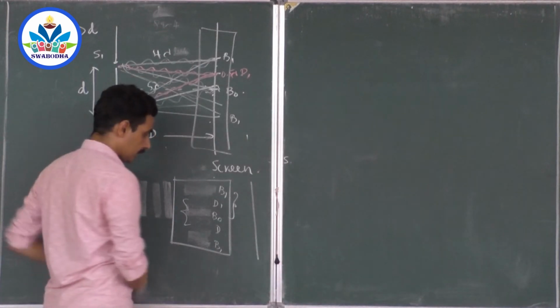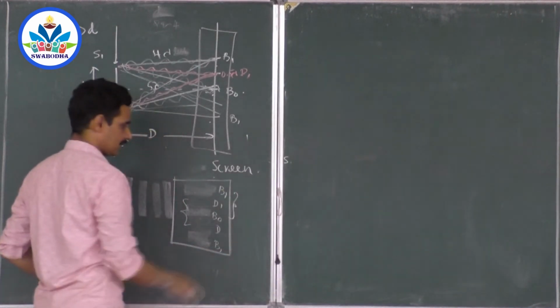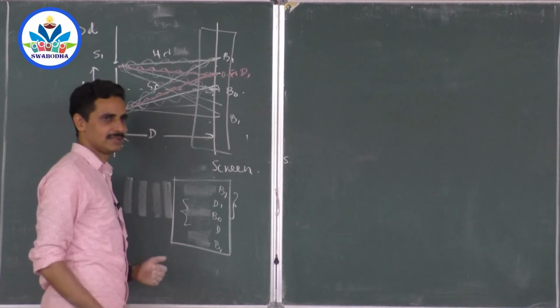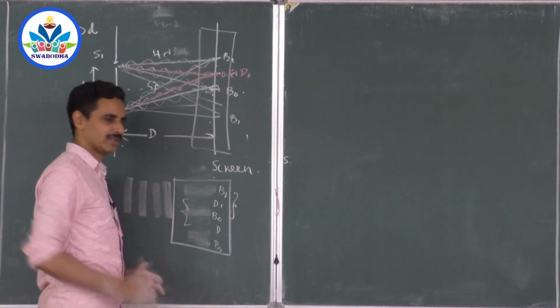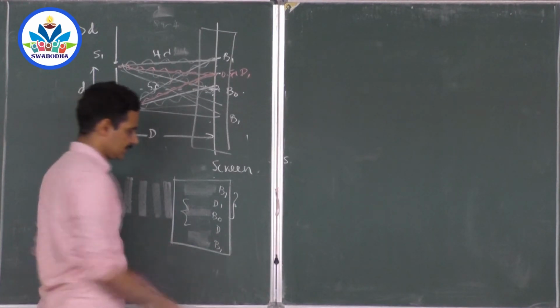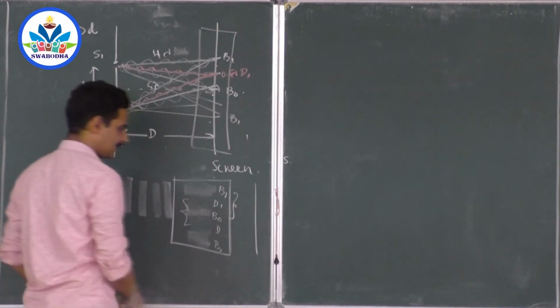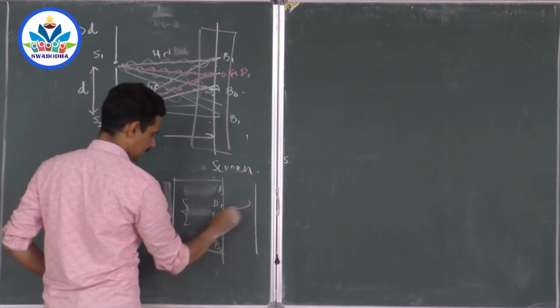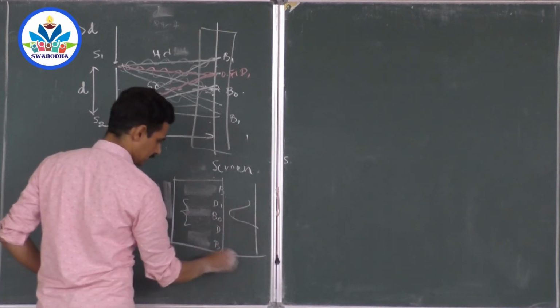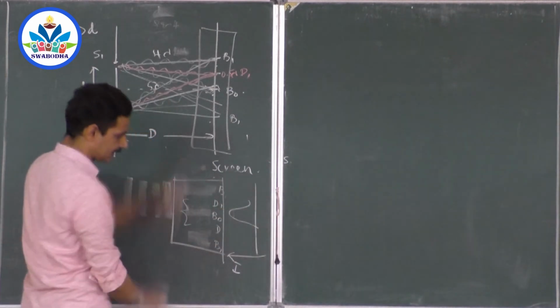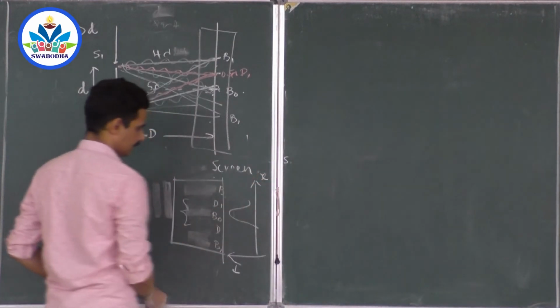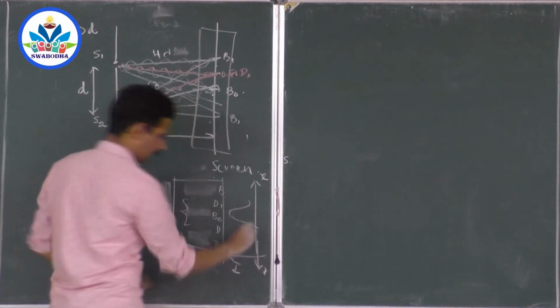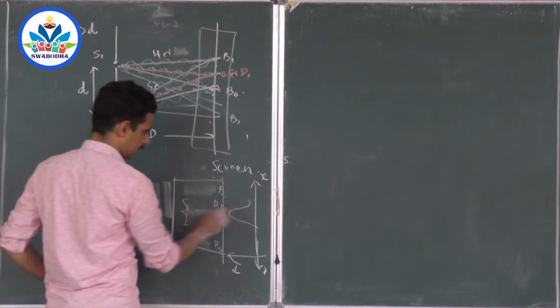And you see that the dark fringes are dark and intensity is almost 0, while bright fringes are very bright, where intensity is highest. If you draw a graph of intensity versus distance, you will find that intensity here is maximum. Here is intensity, I have rotated the graph, and here is the distance, x. So intensity here is maximum.